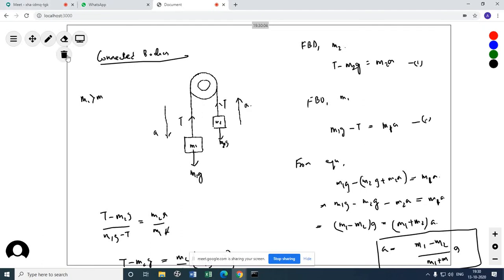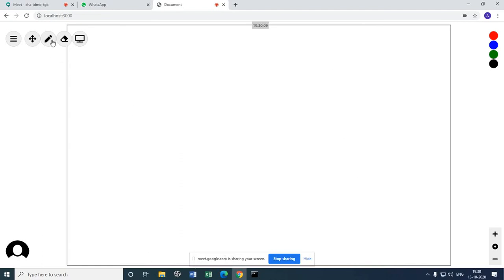What is friction? So I'll come back to this. Let's see what is friction. Friction, as you know, is the opposition. Let me write the friction like this.